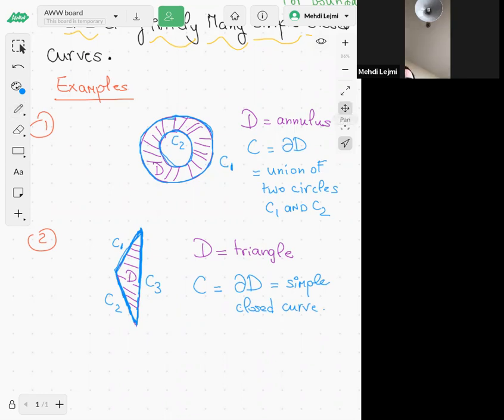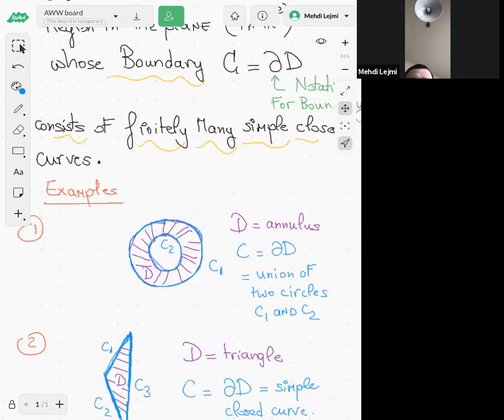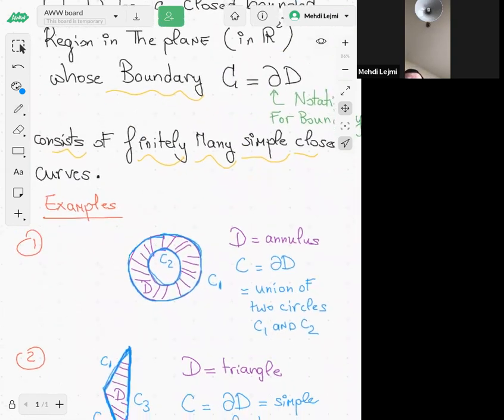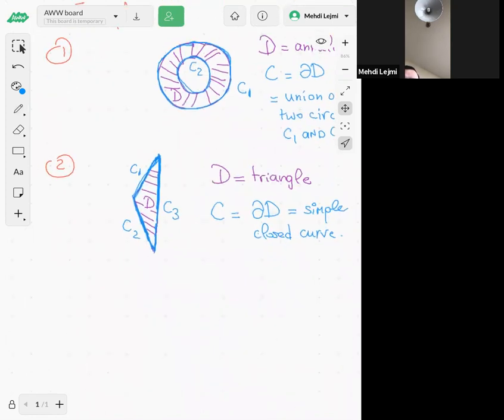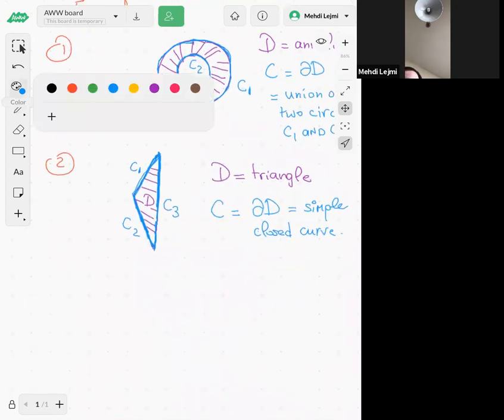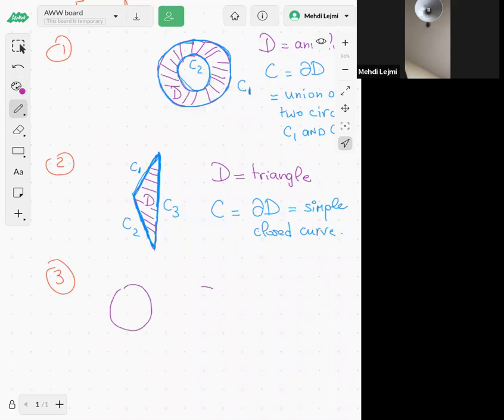Why am I saying the boundary consists of finitely many simple closed curves? Because your region D could be a union of disks. So for example, last example here, let's say your D is not just one disk, but you're gonna have 3 disks, like 1, 2, 3. So my region D here is the union of these 3 disks.